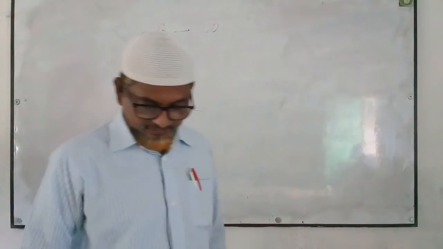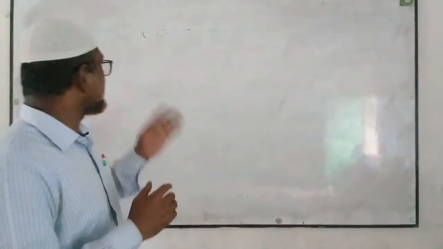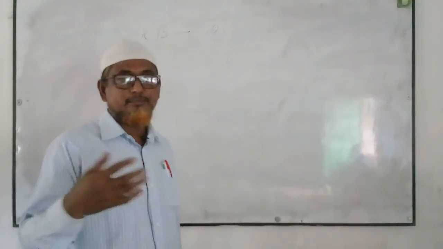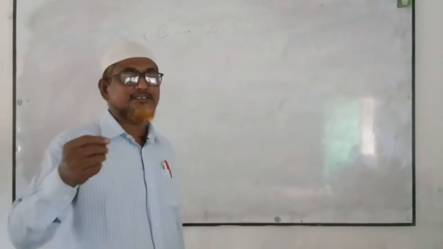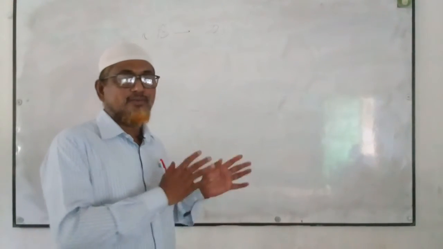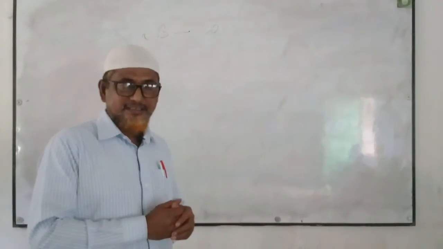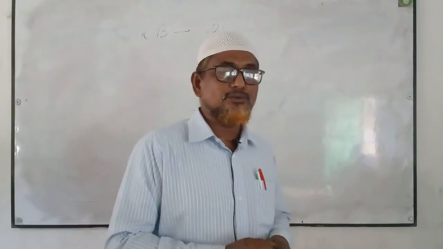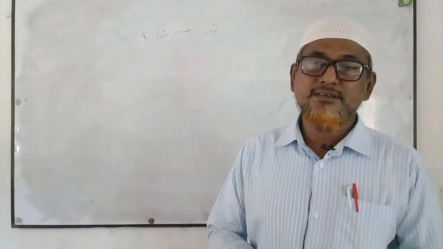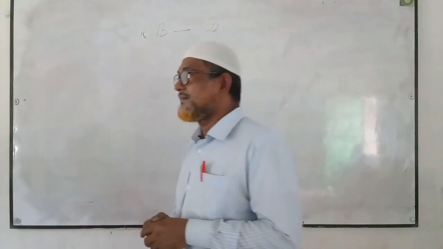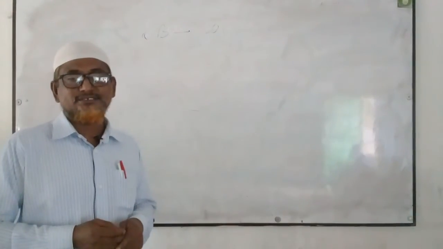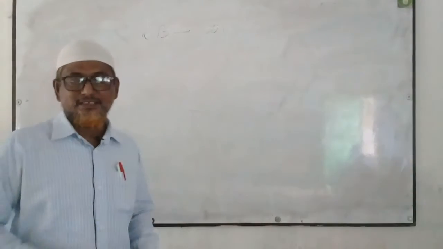So students, in this way you will answer all 5 sentences in a correct context. When you perform all 5 sentences correctly, then you can expect to get good marks, or 5 marks, the total marks.